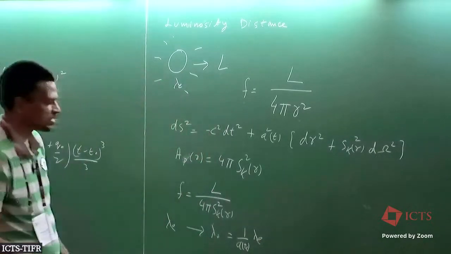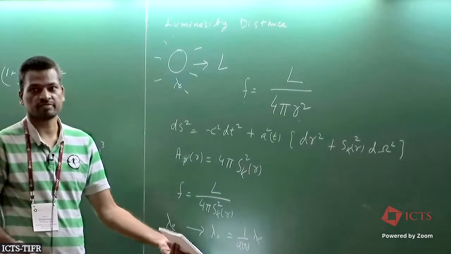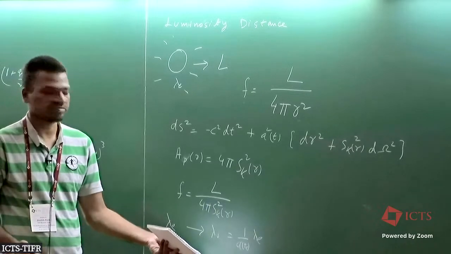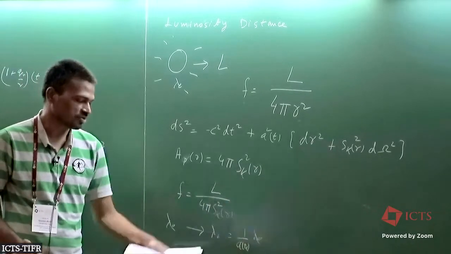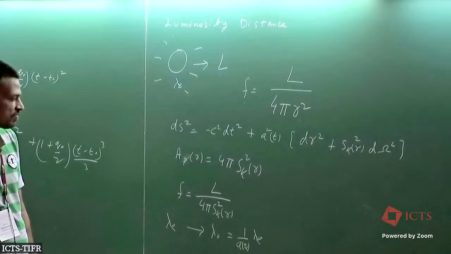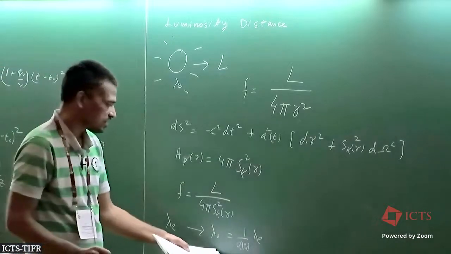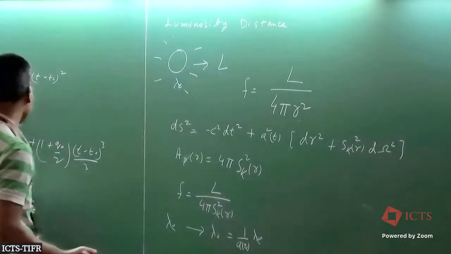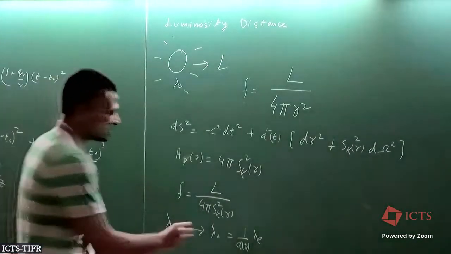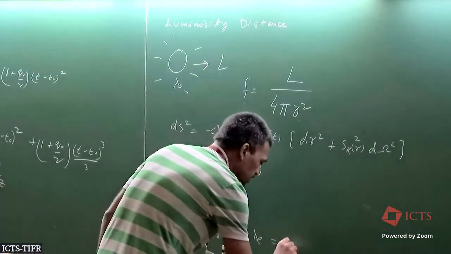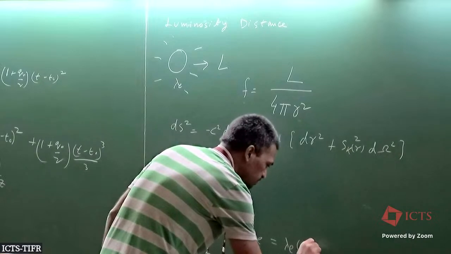So this is essentially the definition of scale factor or redshift. Delta lambda over lambda is redshift, and you just translate that, and you are going to observe a different wavelength. Now, since a is equal to 1 over 1 plus z, this is essentially lambda e times 1 plus z.